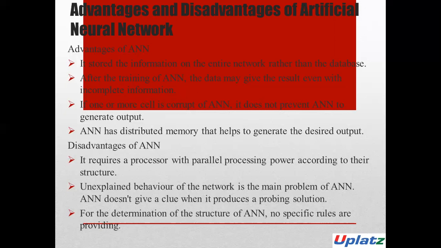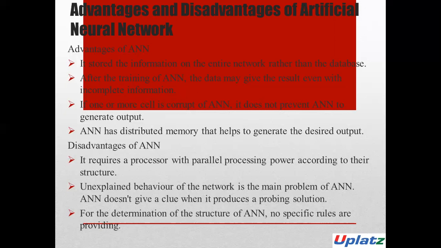Then, what are the disadvantages of ANN? It requires a processor with parallel processing power according to its structure. Unexplained behavior of the network is the main problem of the ANN. ANN does not give a clue when it produces a probing solution.